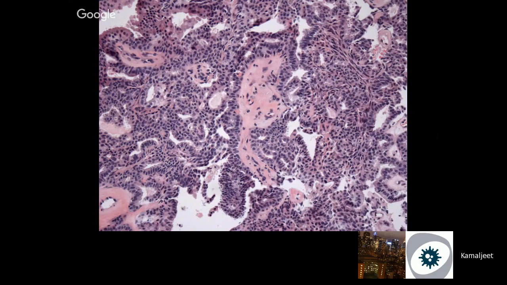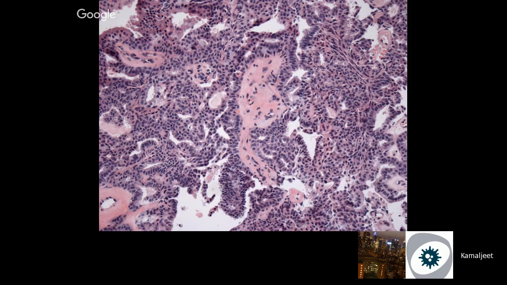There's a mixed population of cells, and if you focus on an individual papilla, you want to see two populations: myoepithelial cells and luminal cells. Most of the epithelial proliferation has features of usual type ductal hyperplasia.